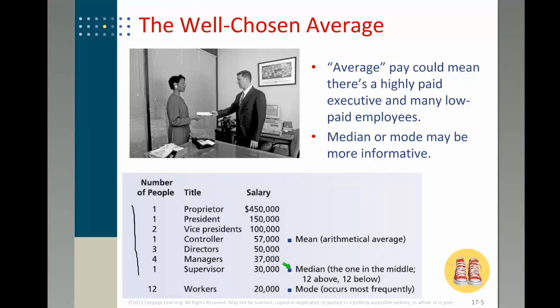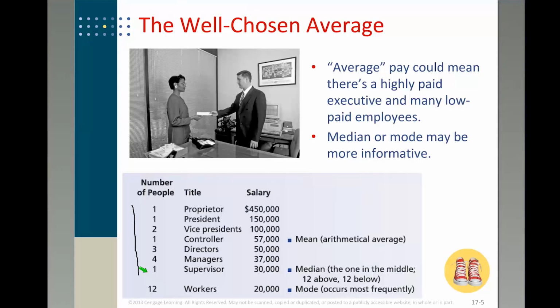Basically, if you cut the first number and cut one worker here, cut the second person, cut one more worker here, keep doing that until you find the middle one, that is the supervisor earning $30,000, which is more realistic in terms of reflecting the earnings in the whole company. So this is the case where the median is better than the mean. The median, on the other hand, is not affected by extreme numbers because in that way we get rid of the extremes on both ends.